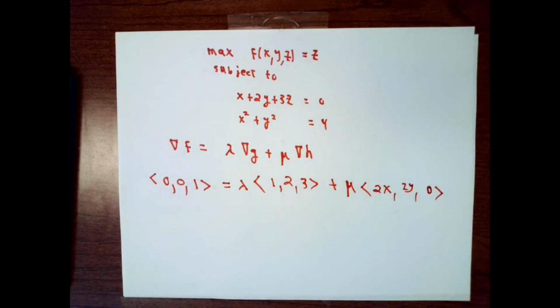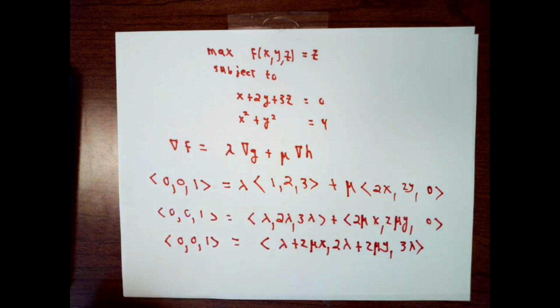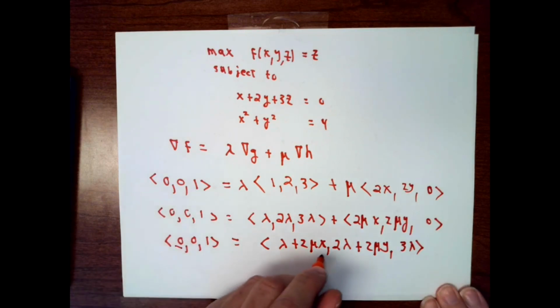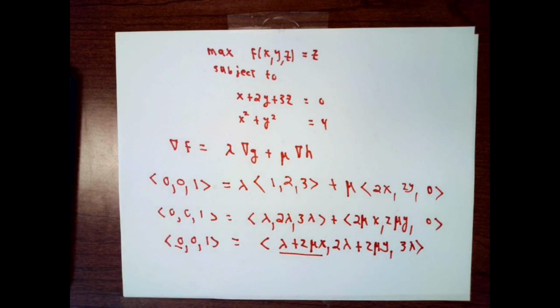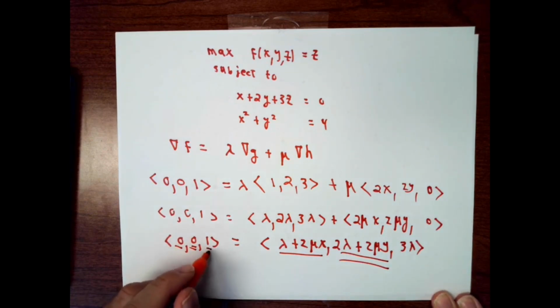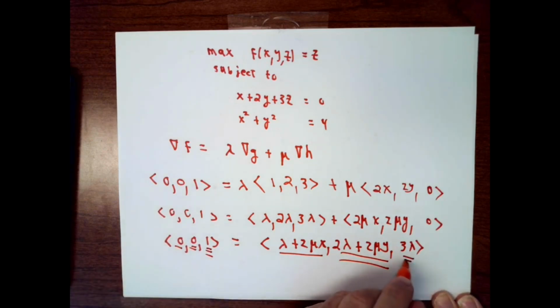Before I write down my other two equations, I'll go ahead and combine the right-hand side into a single vector. Thinking of splitting this up into components, this number and that number must be the same. This number and that number must be the same. And that number and that number must be the same. In addition, my two constraint equations have to be true.